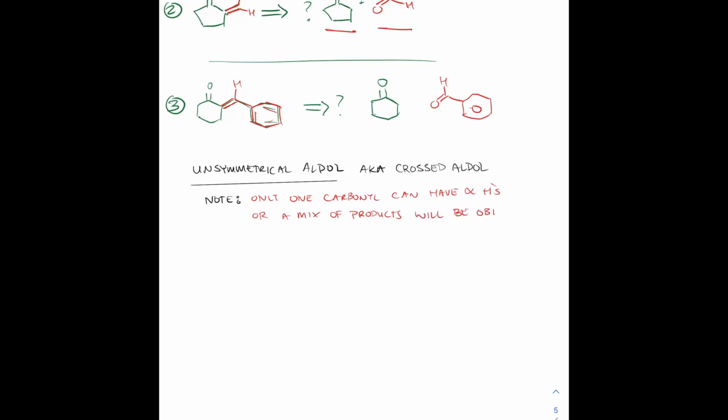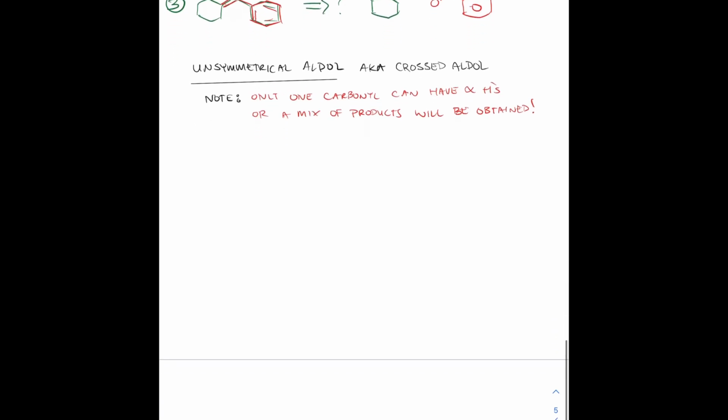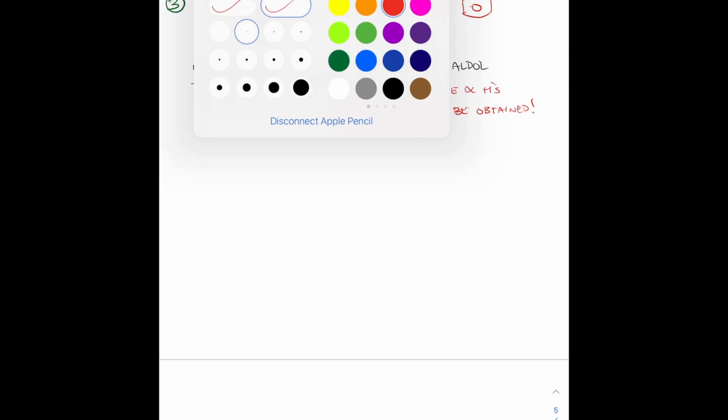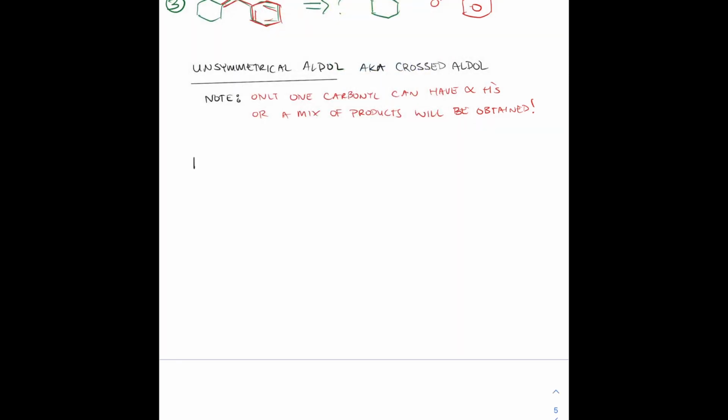If you put in 4 grams of material and you only get 1 gram out of a product that you actually want, that's a waste of your time. So there are ways we can overcome this, but one of them obviously is to use materials that don't have a variety of alpha hydrogens.